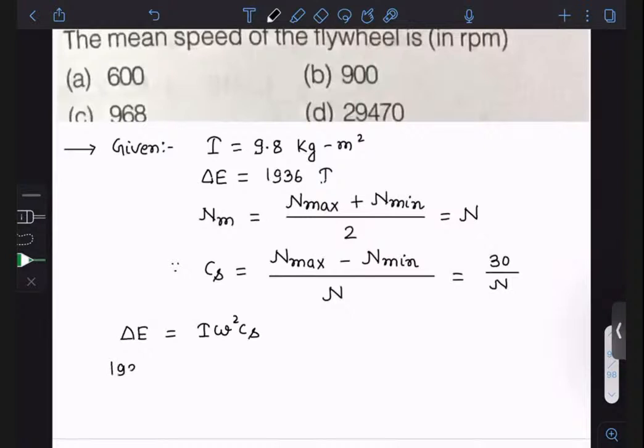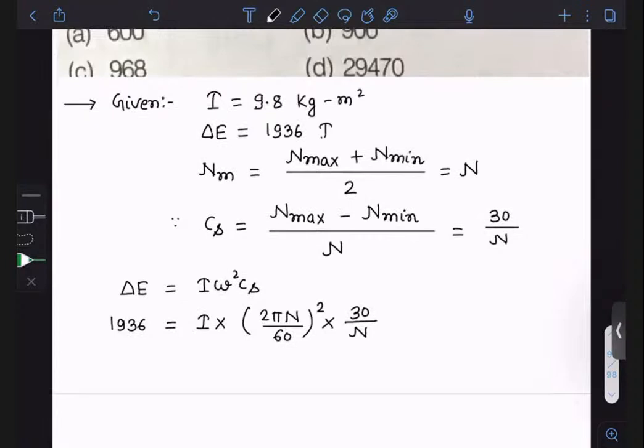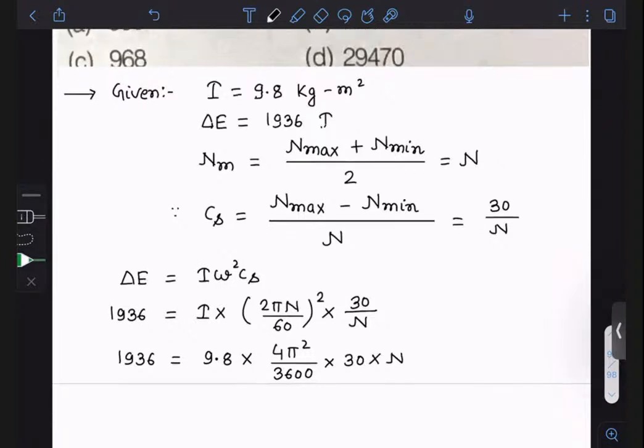So it is 1936, I is 9.8, and omega is 2 pi N by 60 square, and CS is 30 by N. So 1936 equals 9.8 into 4 pi square divided by 60 square, into 30 into N. Once you solve, you are going to get the answer.